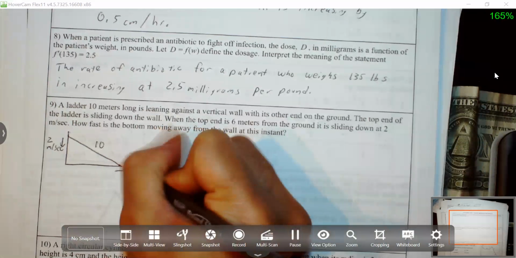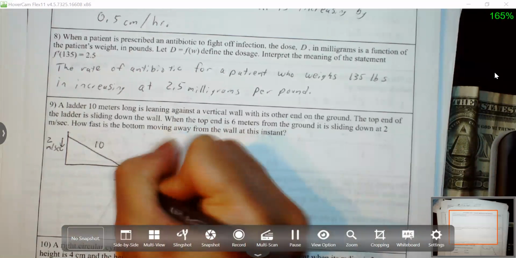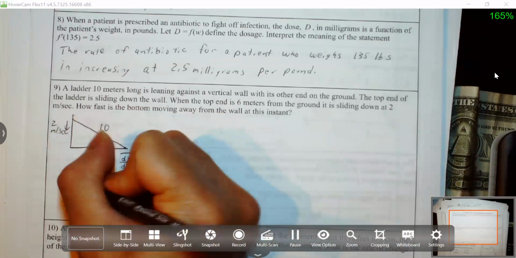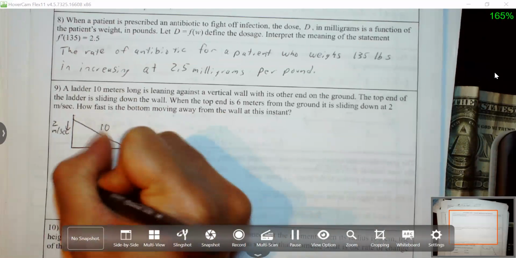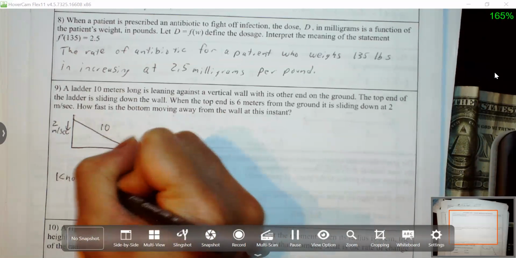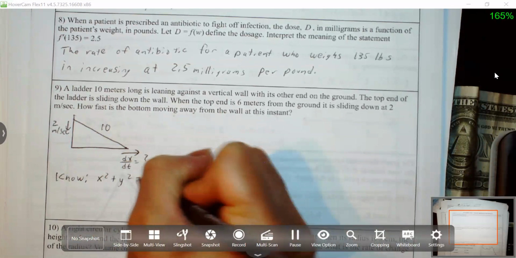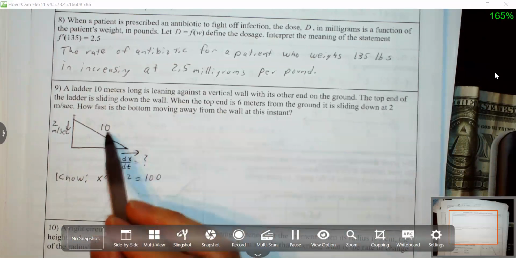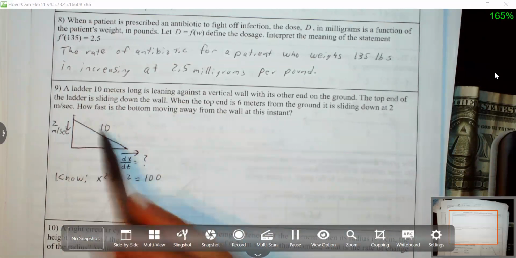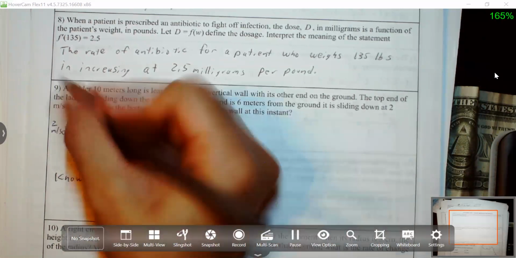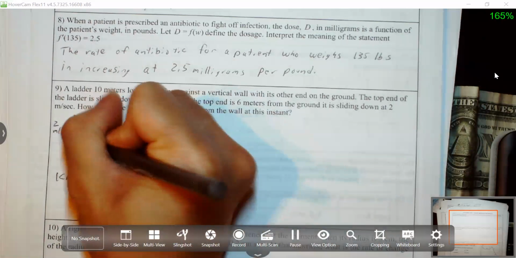So here we want to find dx/dt. Since this is a right triangle, I could use the Pythagorean theorem. So I know that x squared plus y squared is equal to 100, because 10 is the ladder, and it is going to be the length no matter what. So if I square it, it's 100. Remember, a squared plus b squared equals c squared. And I put this as x, this as y.